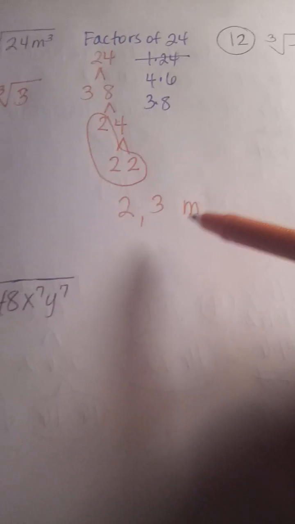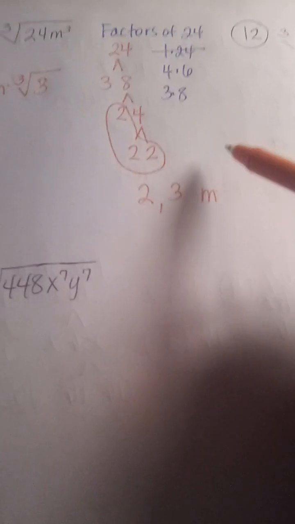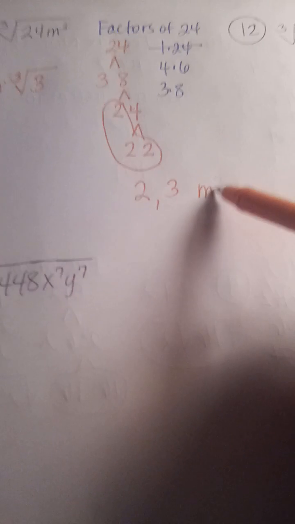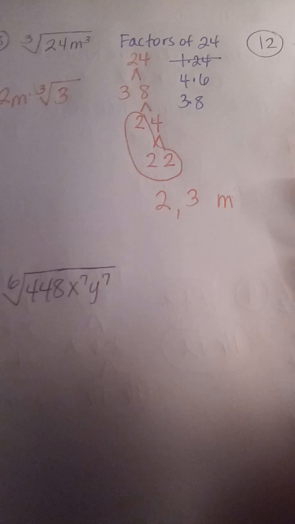My mistake. Because watch. This is inside and the 8. And the 3 actually. The 3 is the final answer. So this is actually it, because when you do the factors of M cubed, it goes to 1. And this is what it looks like when you factor it out. So we have M and then 3.